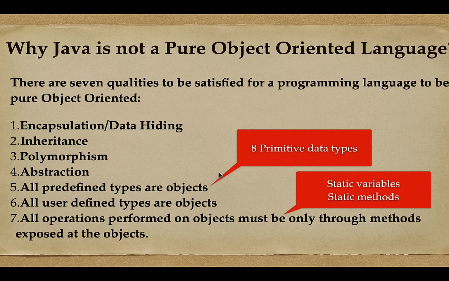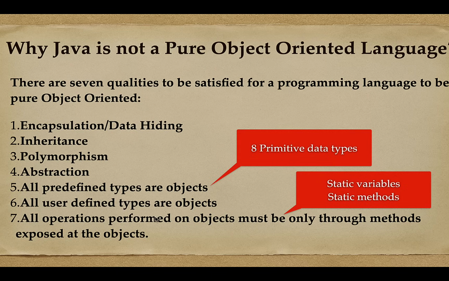So these 8 primitive data types are not objects in Java, okay? And we can use these primitive data types without using objects in Java. That's the first reason why Java is not a pure object-oriented programming language.